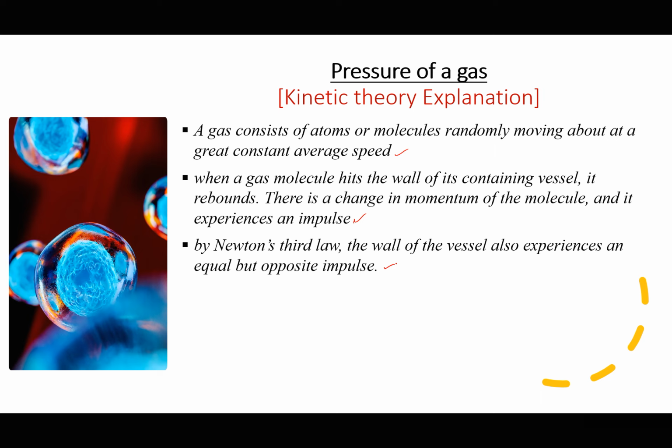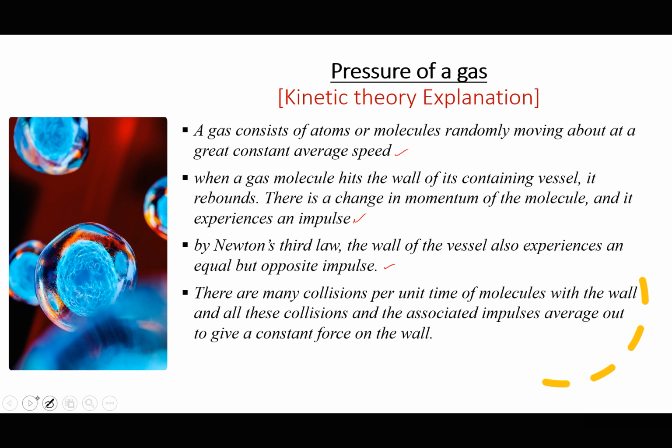Number four, there are several collisions per unit time of molecules with the wall, and all these collisions and associated impulses average out to give a constant force on the wall. And lastly, this force per unit area of the wall is what we call the pressure of the gas.